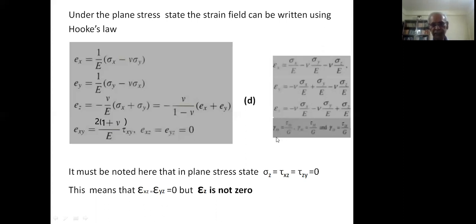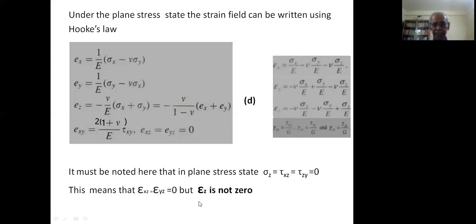Because look here, epsilon yz is tau yz by G, and epsilon xz is tau xz by G. I have written gamma here, but we have taken it the same as epsilon xz. So epsilon xz and epsilon yz are 0.